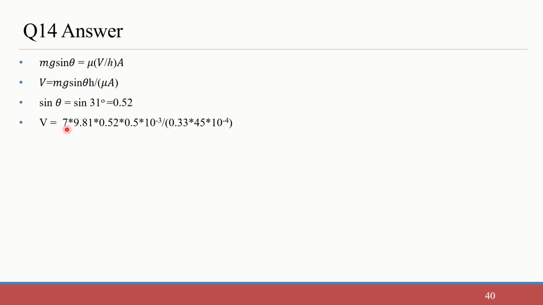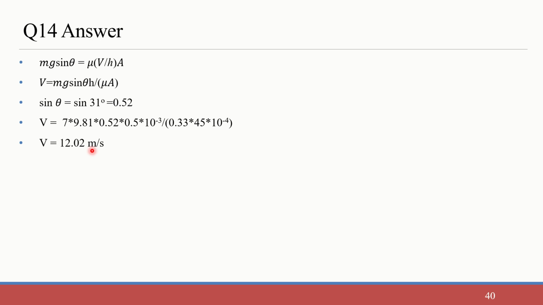So we are substituting everything back in the equation. v is equal to 7 kg into 9.81 into 0.52 into 0.5 into 10 power minus 3. h is 0.5 mm, so that divided by mu, that is 0.33, into A, which is 45 into 10 power minus 4. So v equals 12.02 meters per second.